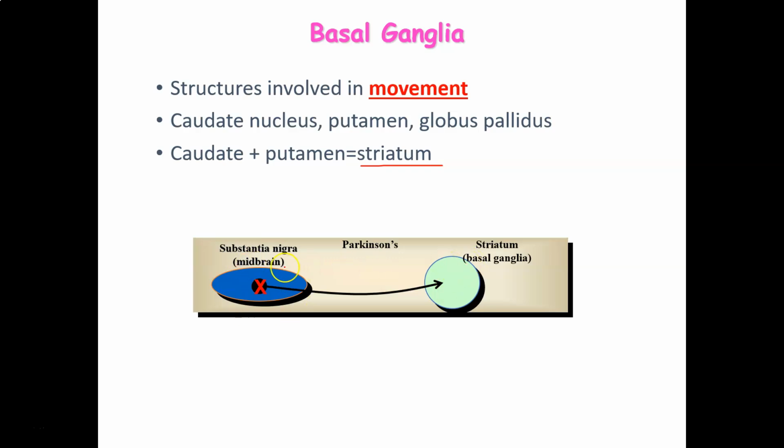And in Parkinson's disease, the substantia nigra neurons die, making it harder for them to perform voluntary movement. And that's because the basal ganglia has to receive input from the substantia nigra to be activated, to activate voluntary movement. And as the substantia nigra dies, the person with Parkinson's disease finds it harder and harder to perform voluntary movements.